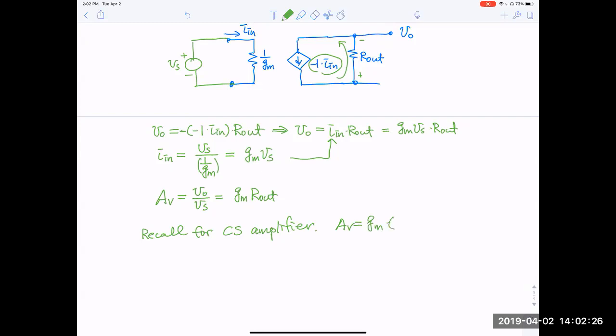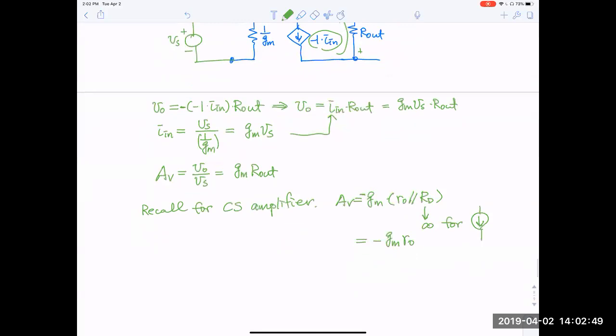R out is R0 in parallel with RD. Now, if we use current source biasing, RD goes to infinity. So this fundamental gain will be, actually there's a minus sign here. So minus Gm R0.